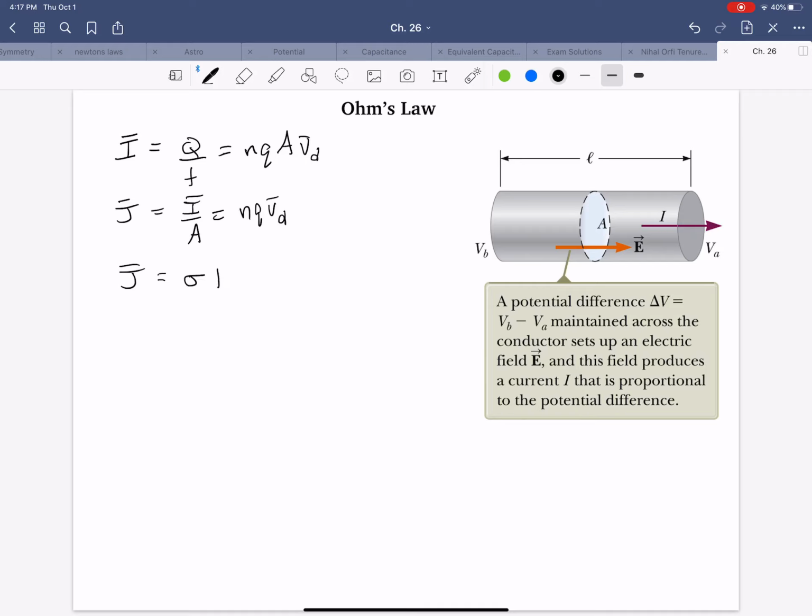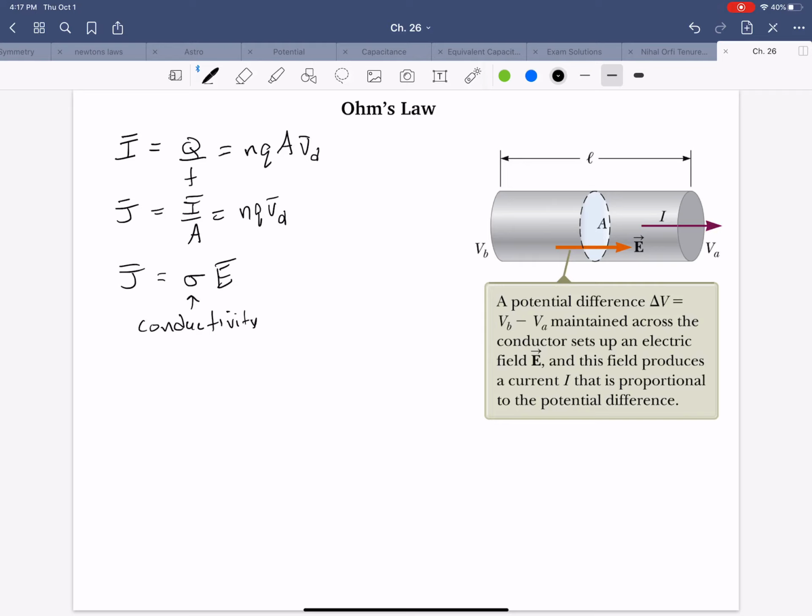Whoops, I gave it away. It's related to the electric field by some constant, the constant of proportionality, and this constant is known as the conductivity of that wire material. And that's the Greek letter sigma.